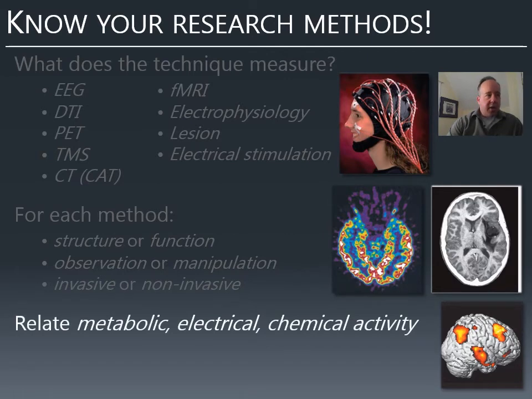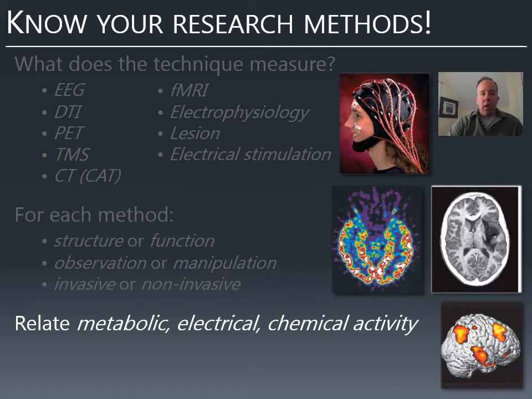And of course, techniques that are observational and look at function can do that a number of ways. So techniques like fMRI measure metabolic activity in the form of blood flow. When an area of the brain is more active, it needs more sugar, it needs more oxygen, it needs more blood. So blood goes to that area, and that's what fMRI is measuring.